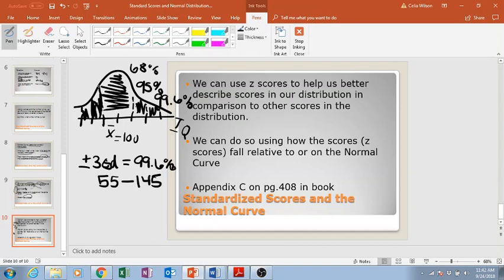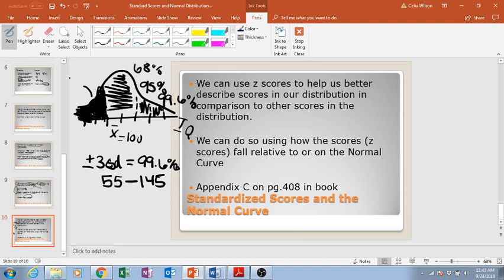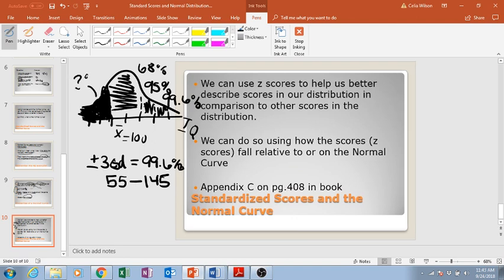But what I can do is, if my 81's about right here, I'll just color in all this, and I can start to figure out what percent, which is this, my question mark, what percent of people did I score better than right here? It doesn't like me making small marks. Okay, that's a terrible drawing, but hopefully you can tell what I'm doing. What percent of people did I score better than?